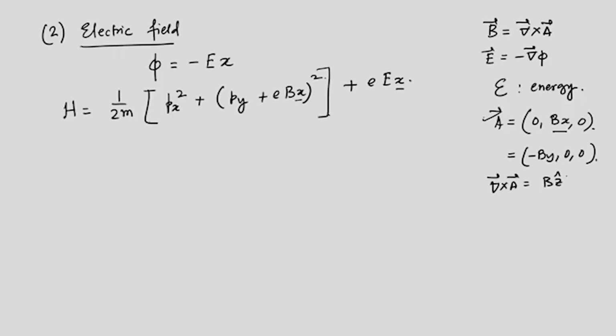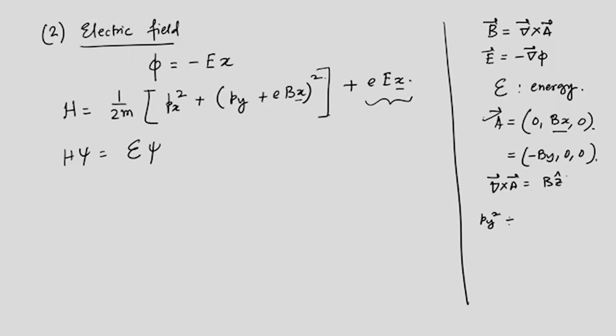Okay, now what I'll do is that instead of solving this problem again, H psi equal to E psi, there's a simpler way out. What I can do is complete the square. So this is Py square plus E square B square X square plus 2 EBX Py and plus Ex.